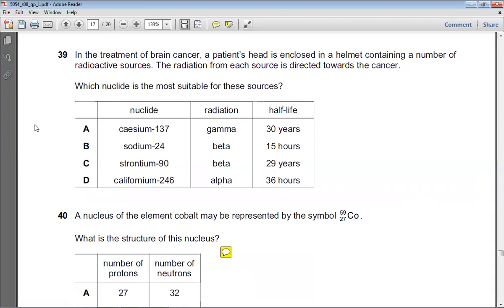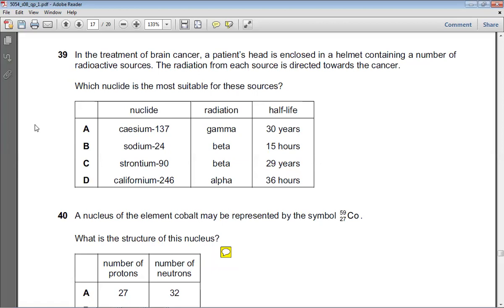In the treatment of brain cancer, a patient's head is enclosed in a helmet containing a number of radioactive sources. The radiation from each source is directed towards the cancer. Which nuclide is most suitable for these sources? The half-life should be very large, and it should be producing some radiation which can pass through the bone and through the skin.